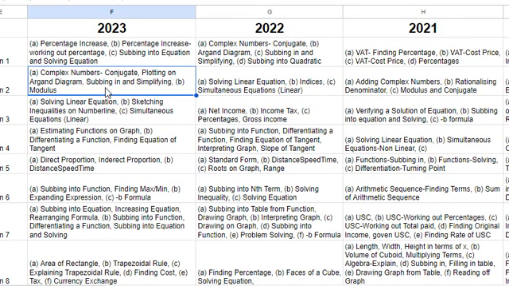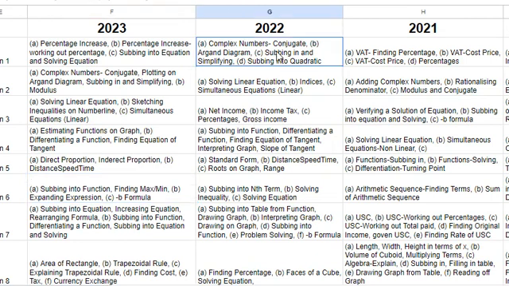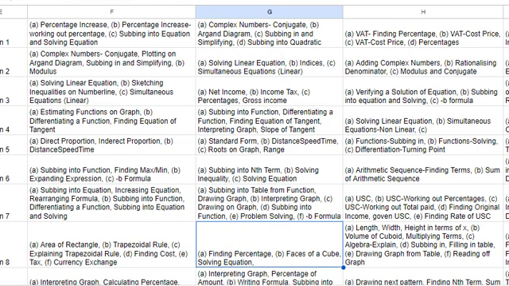You'll see here that the minus b formula came up in question 6 in 2023. That was the question I just showed you. I'm pretty sure this comes up every single year. It comes up in question 7 in 2022, in part F of it.